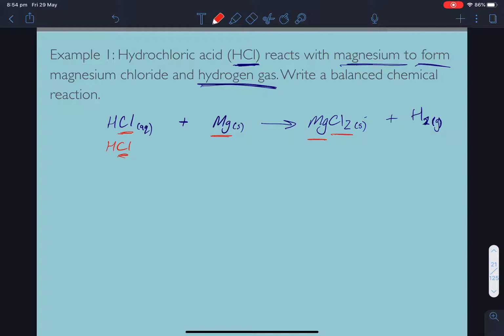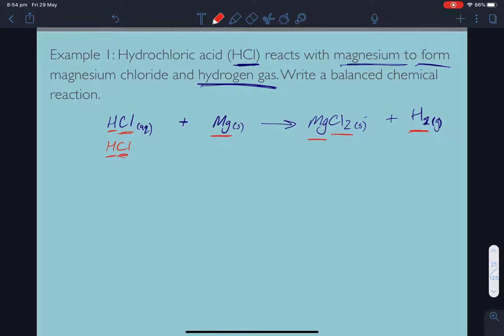So magnesium is balanced, chlorine is balanced, hydrogen is the one left. I have 2 hydrogens on the left because I've got 2 hydrochloric acid molecules, and I have 2 on the right because I have 1 H2 molecule. So I'm balanced there as well.